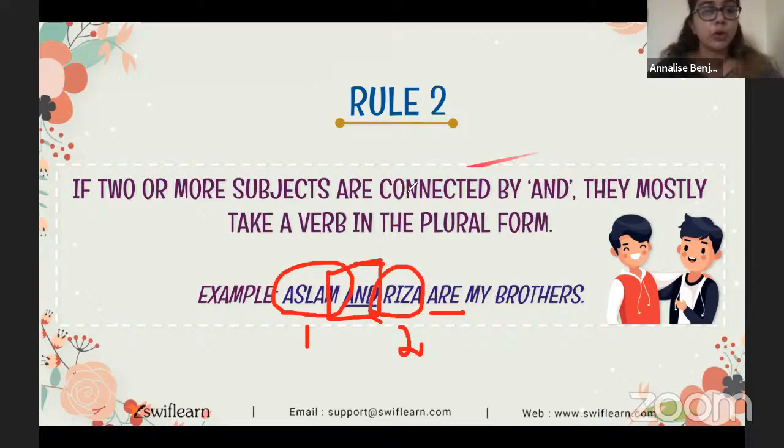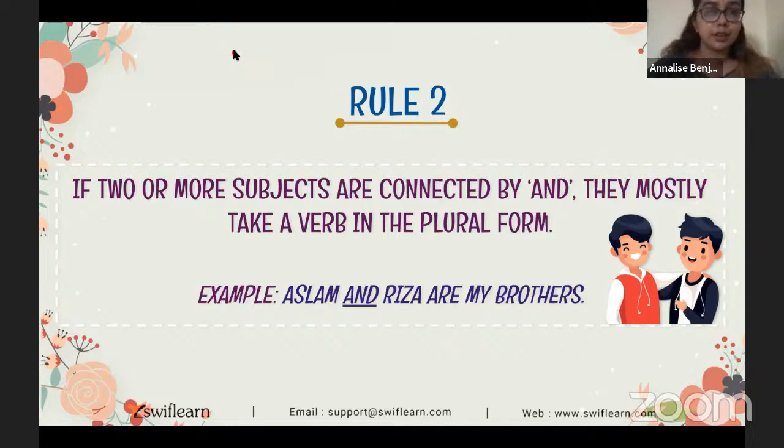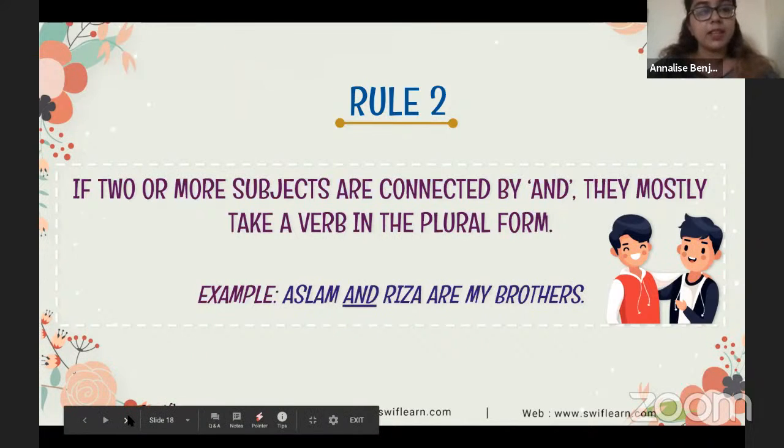I'll repeat once more. If we have 2 or more subjects, and these subjects are connected by and, then the verb will be in the plural form. Let's move on to our third rule.